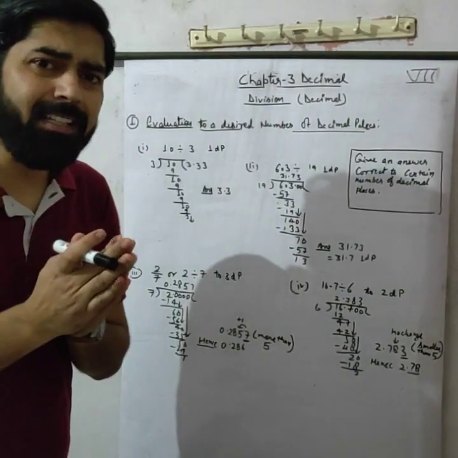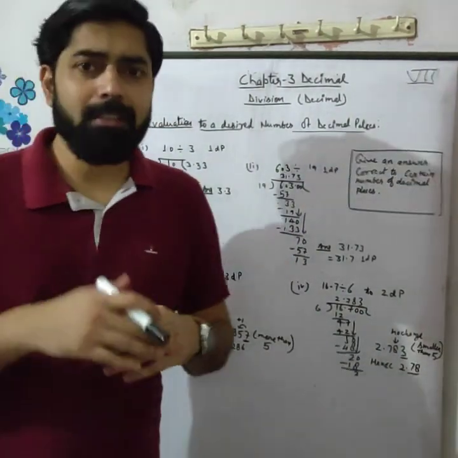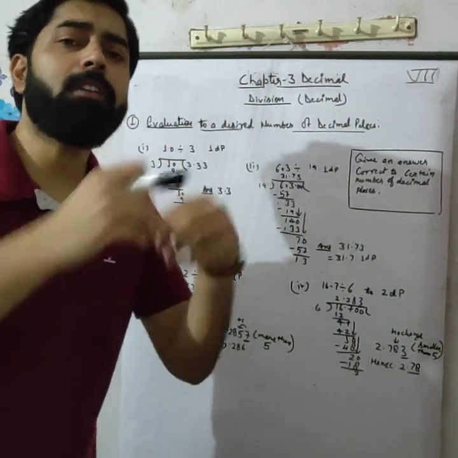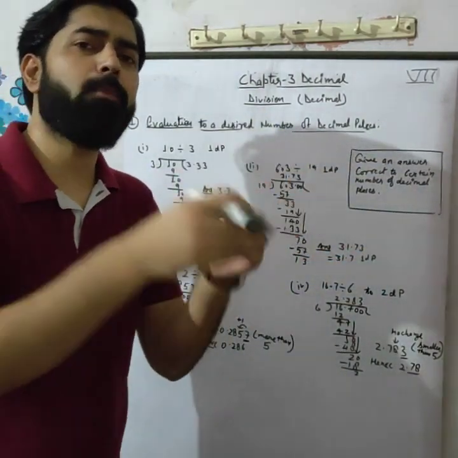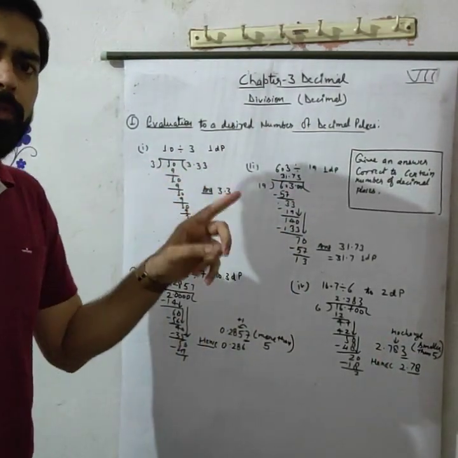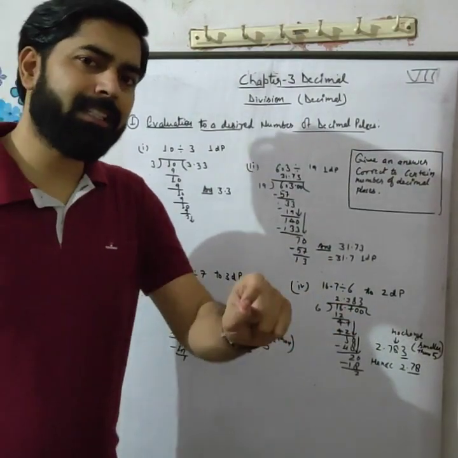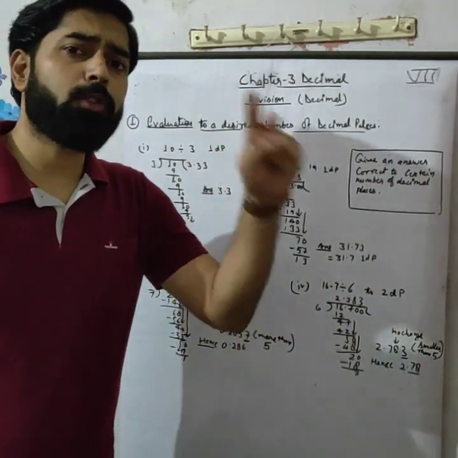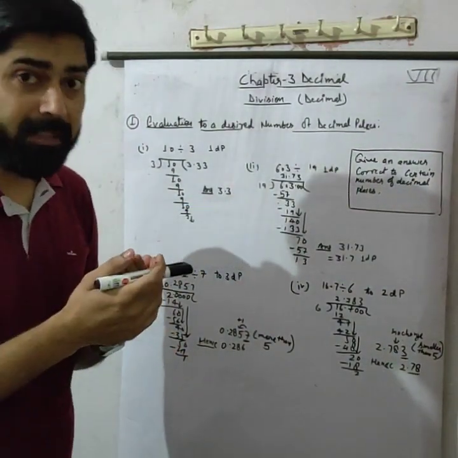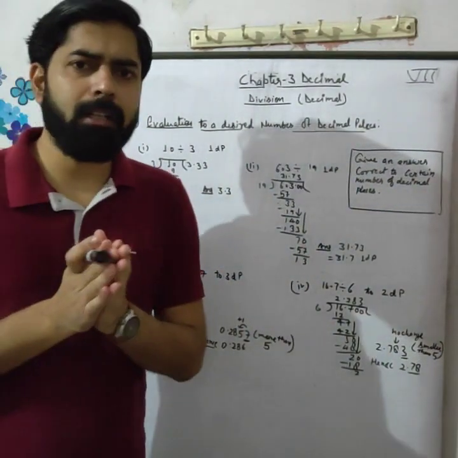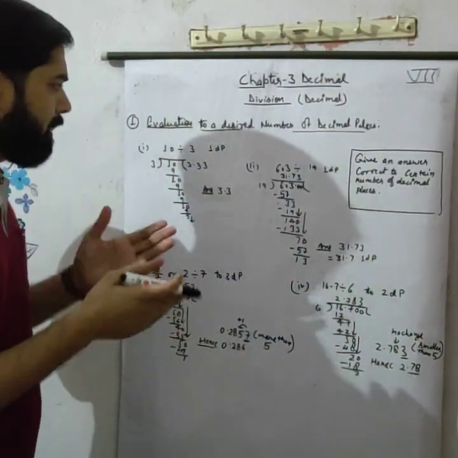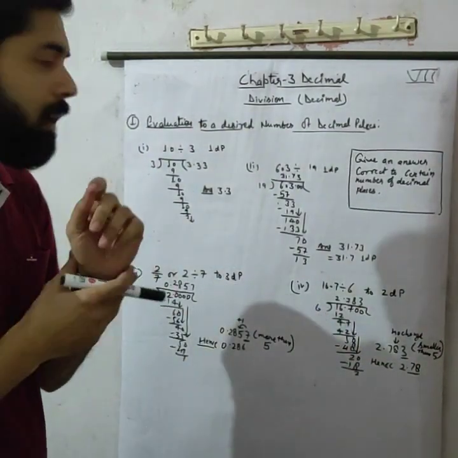If the question asks you to write 1 decimal place, you carry the answer out to more than 1 decimal place, solving the division up to 2 or 3 decimal places, and then we can convert it to 1 decimal place. And here one rule is very important, so listen carefully. First, I will explain the questions one by one, then you can understand how to find the correct decimal places.